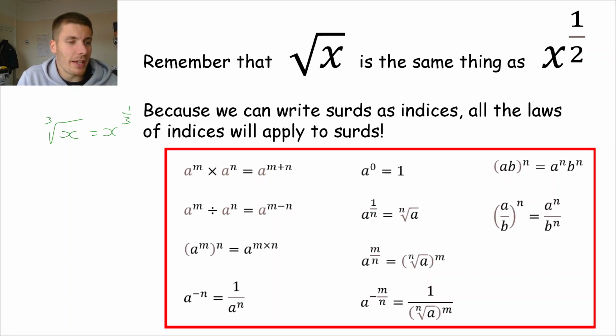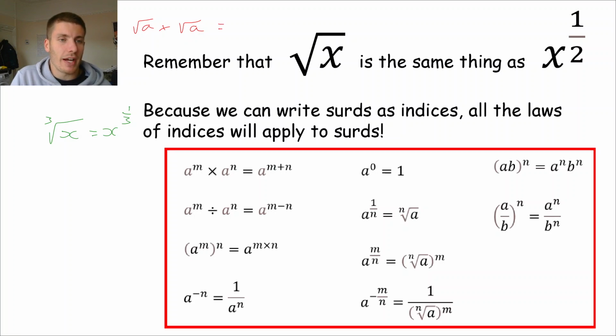Using this first law, the multiplication law, if you had something like the root of a times the root of a, you can simplify this down further. Personally, if I'm ever given something in surd form, I always convert it back into indice form because it's easier to deal with.